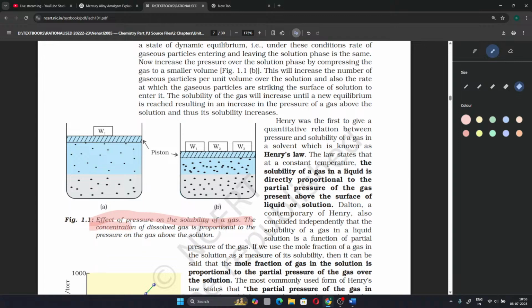The concentration of dissolved gas is proportional to the pressure on the gas above the solution. This is a piston, this is a solution, at some pressure due to this weight.